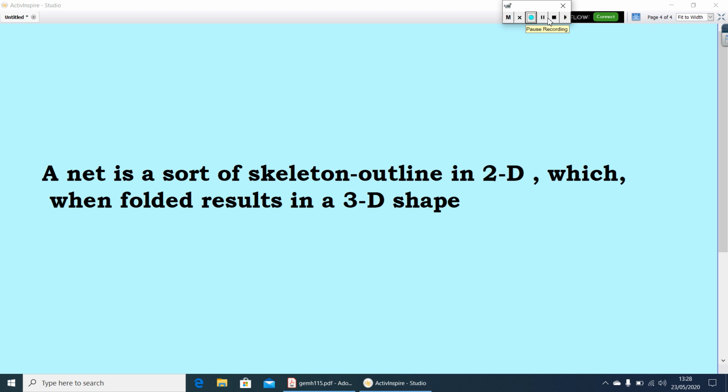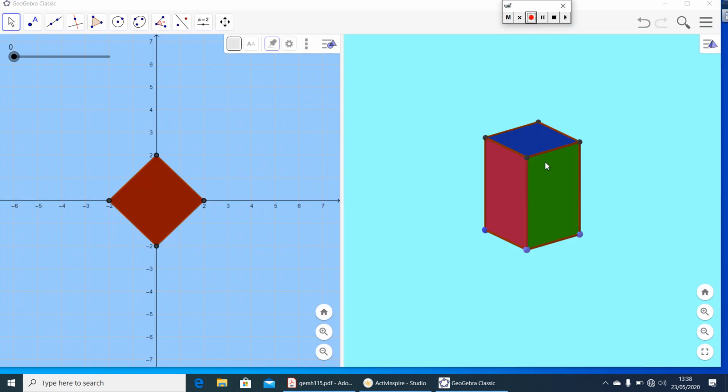Now let us watch the net of some 3D shapes. Here you have a cuboid. Now let us see its net. Let me cut the edges to lay the cuboid flat.